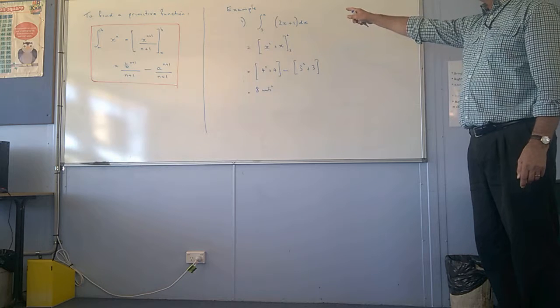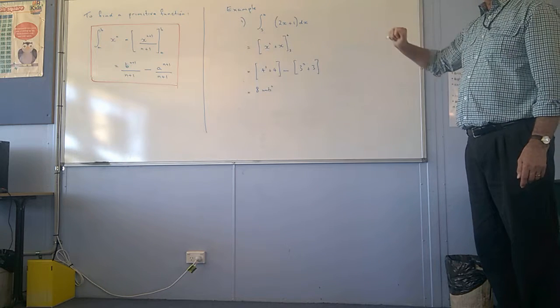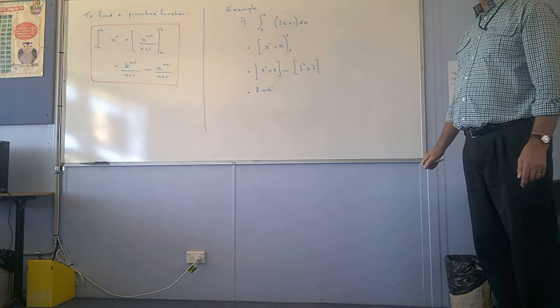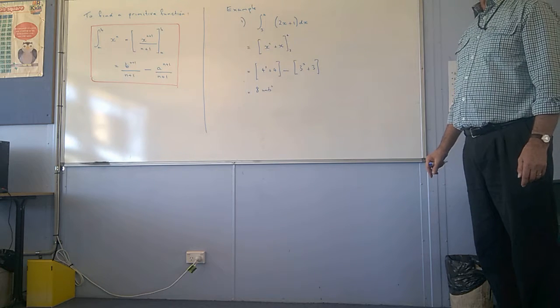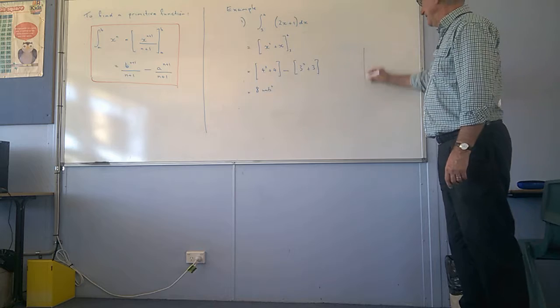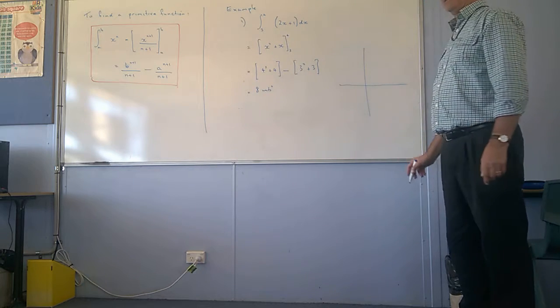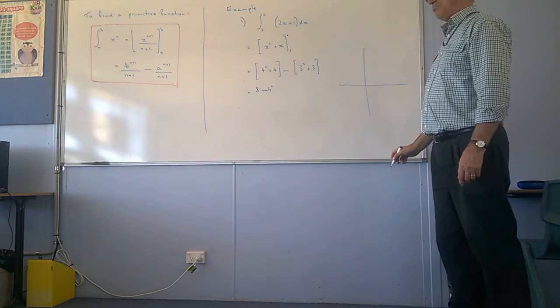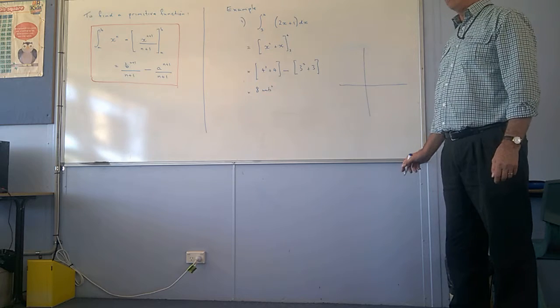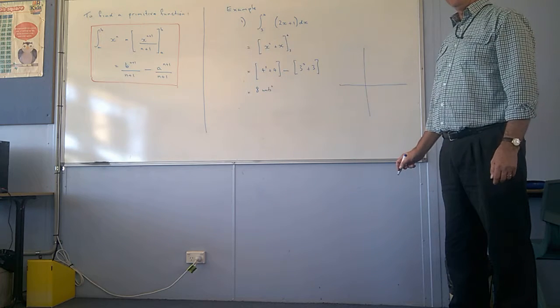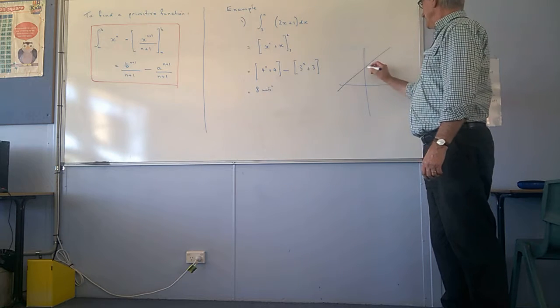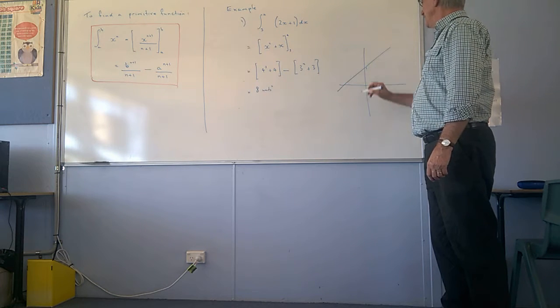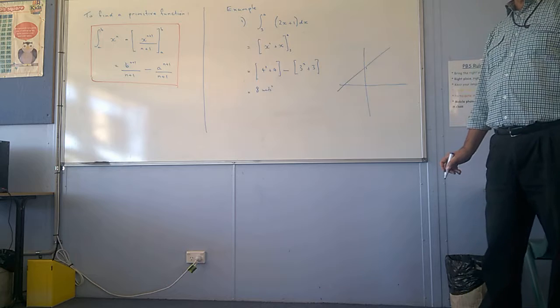What sort of function is 2x plus 1? What does it look like? If I graph that, that's not a parabola. Is it just a straight line? It is a straight line. And it goes through the one there, okay?